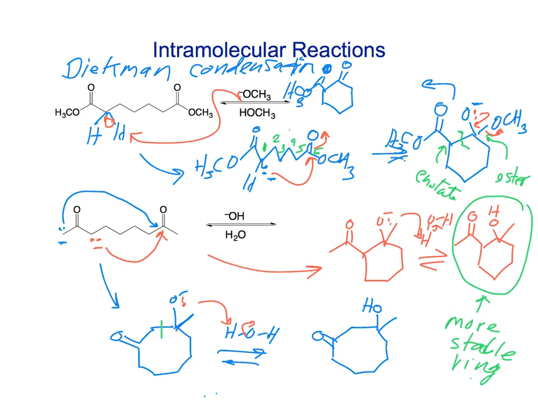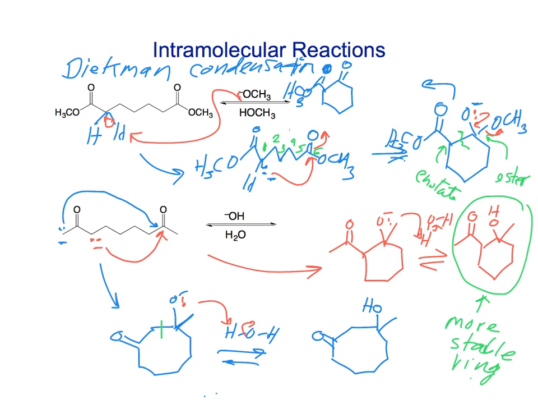So in a practical sense, this kind of cyclic or intramolecular aldol reaction is essentially good at making 5 or 6-membered rings. Okay, 8 or 7 or 4 or something like that are not so good.